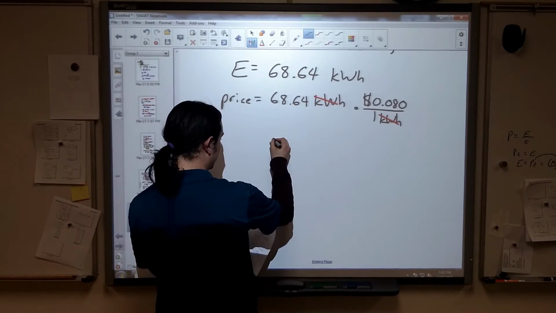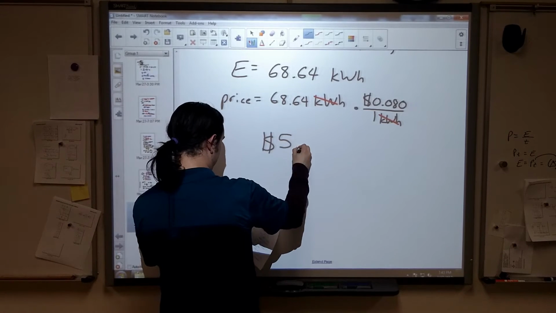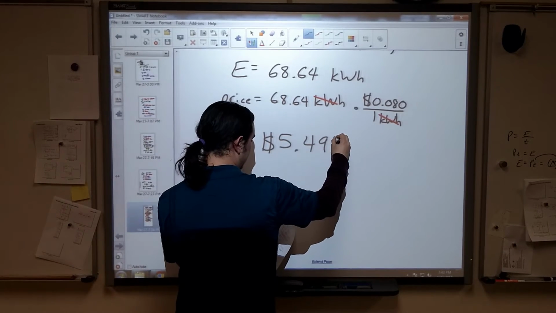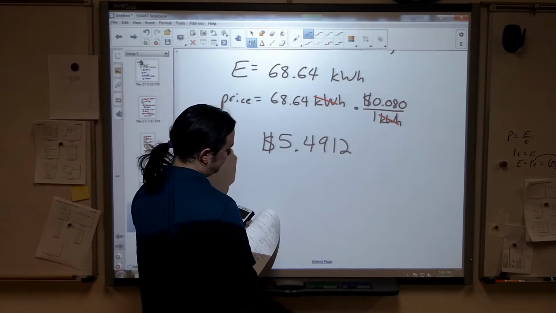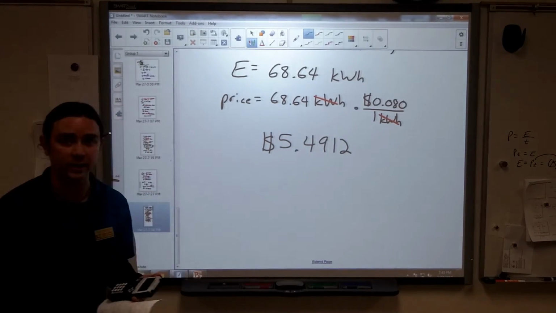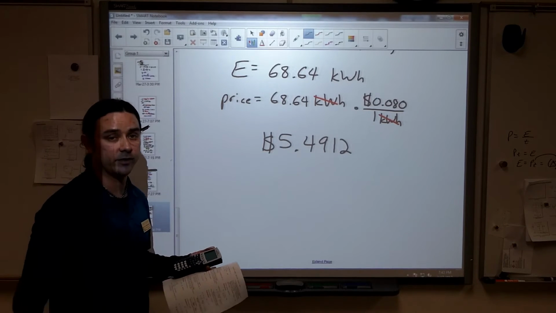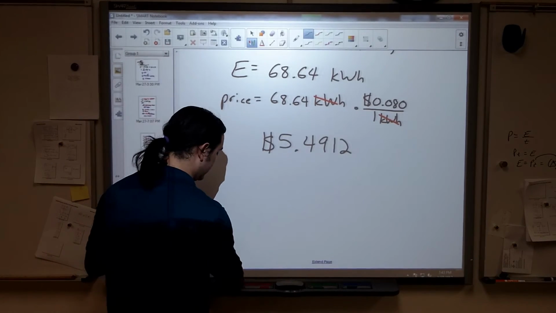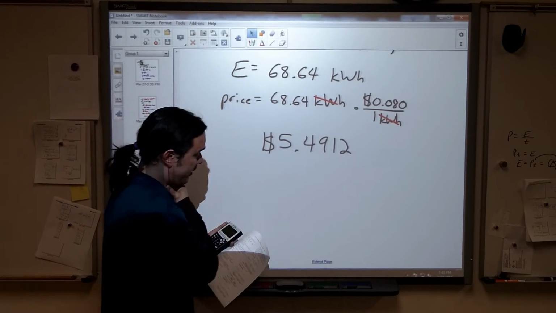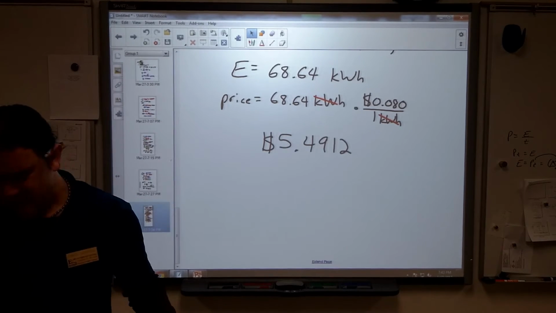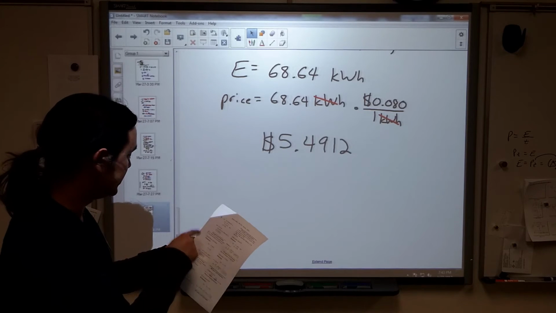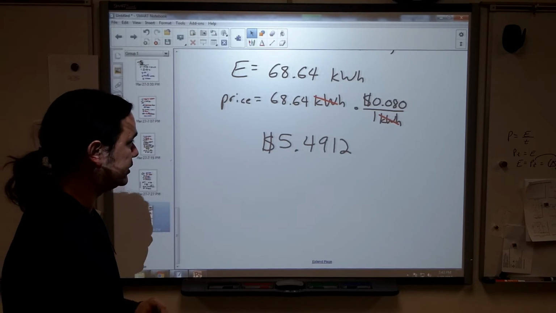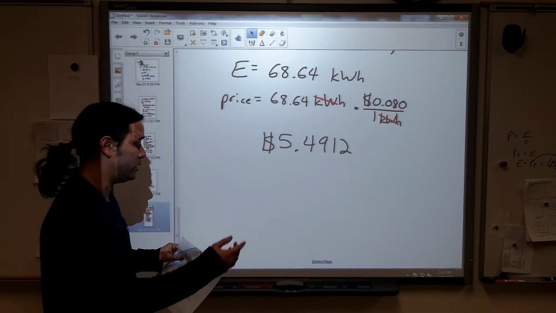And we find that the price comes up to $5.49 and 12/100ths of a cent. So basically $5.49. But again, with the online system, go ahead and put in a couple of extra significant digits just so it's certain that you got the right answer. $5. Pardon me. And 49 cents. This is, in fact, the exact answer that they've got listed there. So this is how you go through and solve that one.